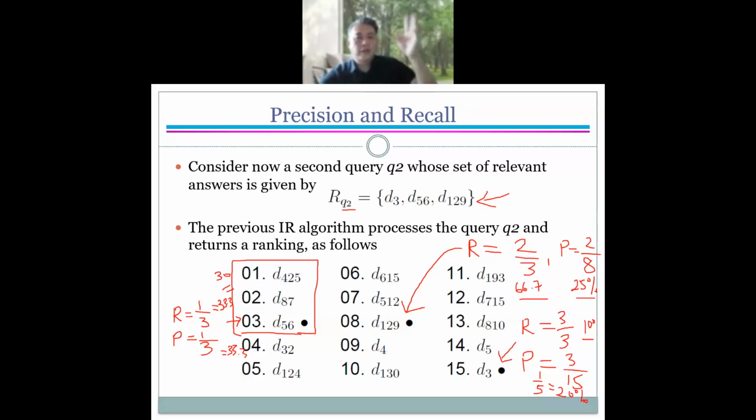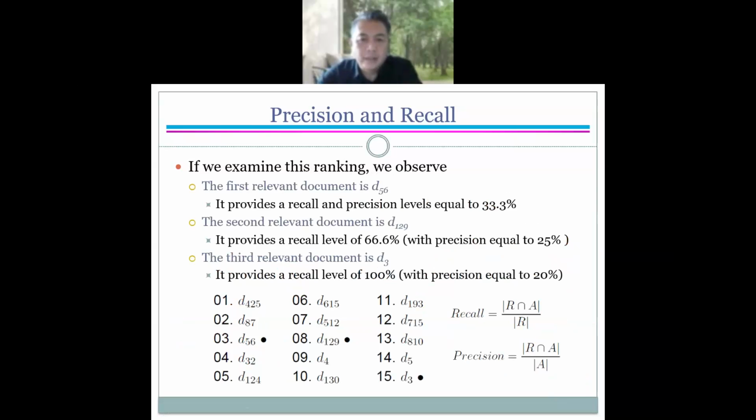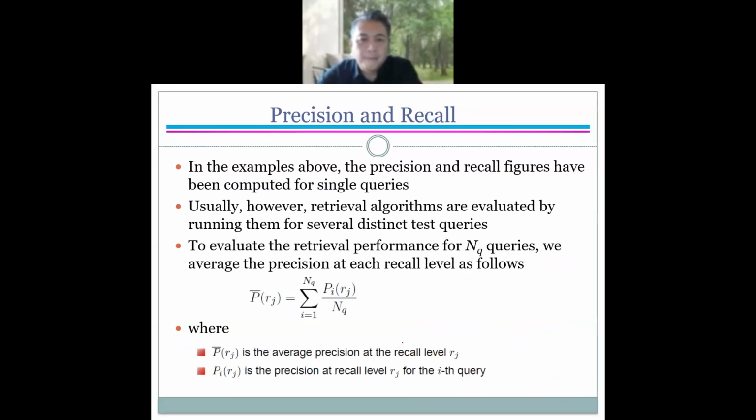For us to evaluate the performance of the system, we have to take the average. We look at the number of queries and take the average of all the precision and recall that we have.